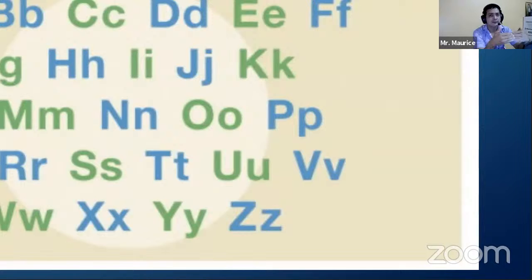Las variaciones del castellano o español, español ecuatoriano, español peruano, español colombiano, español puertorriqueño, español cubano. Cada uno de nosotros tenemos una peculiaridad, ¿verdad? En el acento o en el ritmo. Cómo hablamos, cómo pronunciamos. Está marcado que este señor o esta chica es de Colombia. ¿Cómo sabes? Por su manera de hablar.